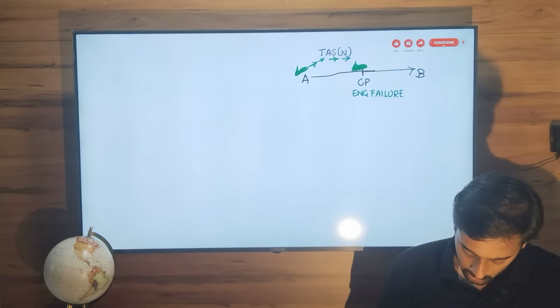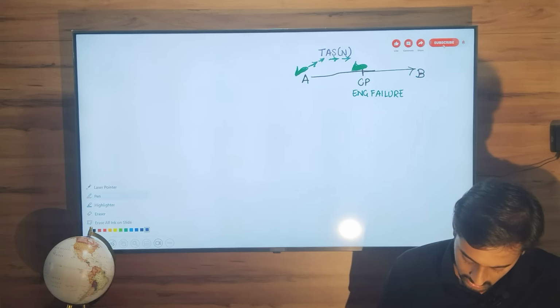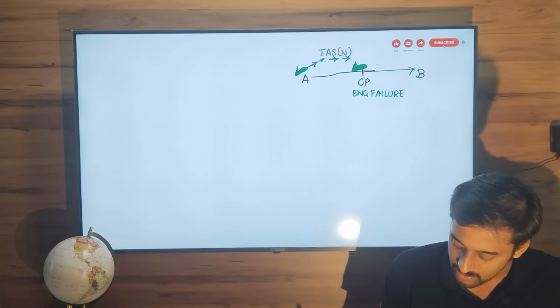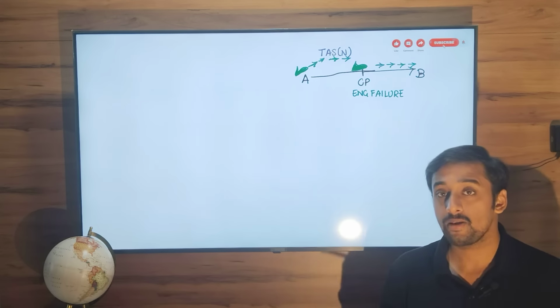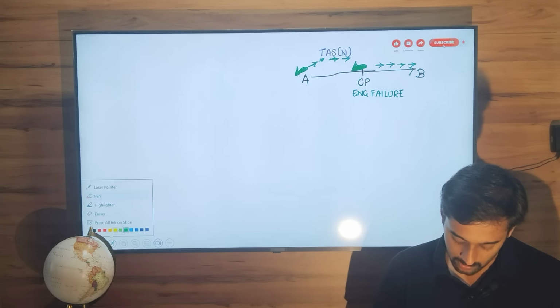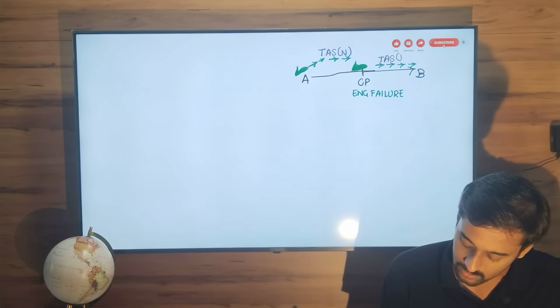So if you decide to continue towards point B, you will be flying from the critical point at a reduced true airspeed.